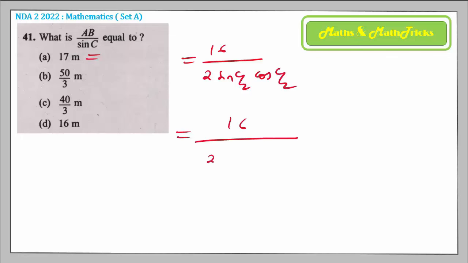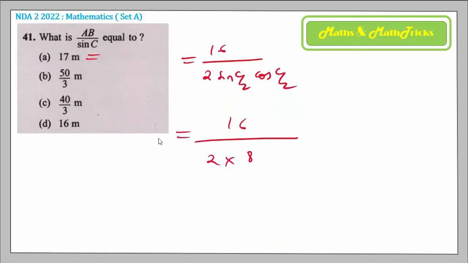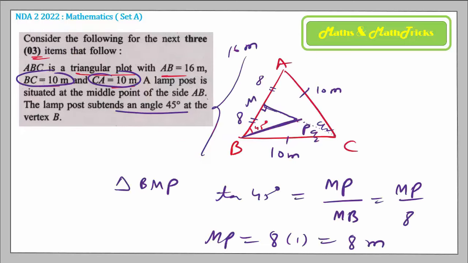And from the figure sin C by 2 you have to read from the previous triangle. Okay, understand, C by 2's opposite is 8, hypotenuse is 10. So sin C by 2 would be 8 by 10, and this is into cos C by 2, you see C by 2's adjacent is MC. In that MC, can you find out?